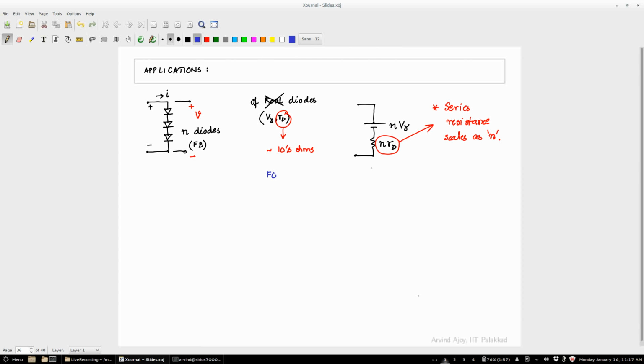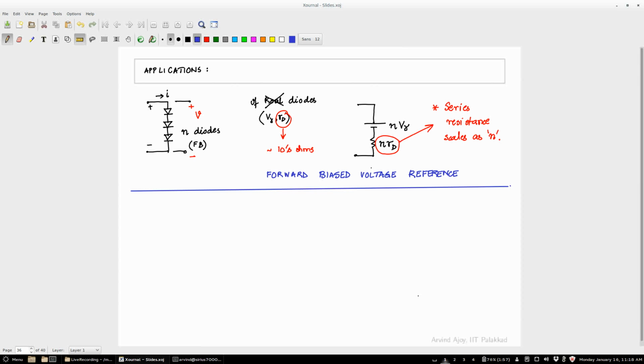Okay, so the take home point is that the series resistance scales with N. So this is for the case of a forward biased voltage reference. A battery is a voltage reference, right?